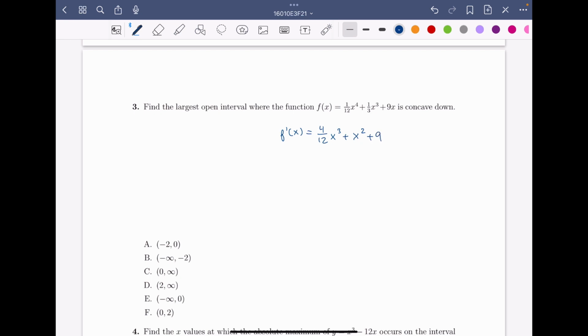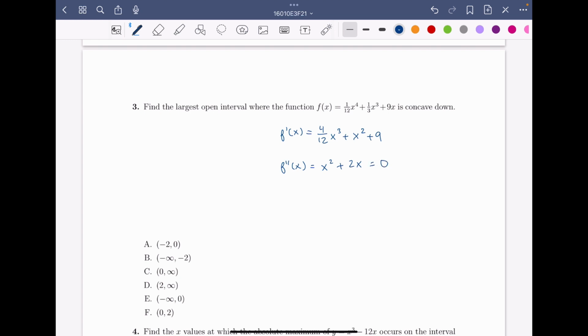Second derivative, f double prime of x equals 3 times 4 is 12, and 12 over 12 is 1, so this will be x squared, plus the derivative of x squared, which is 2x, and the derivative of 9 is 0. So we're going to set the second derivative equal to 0.